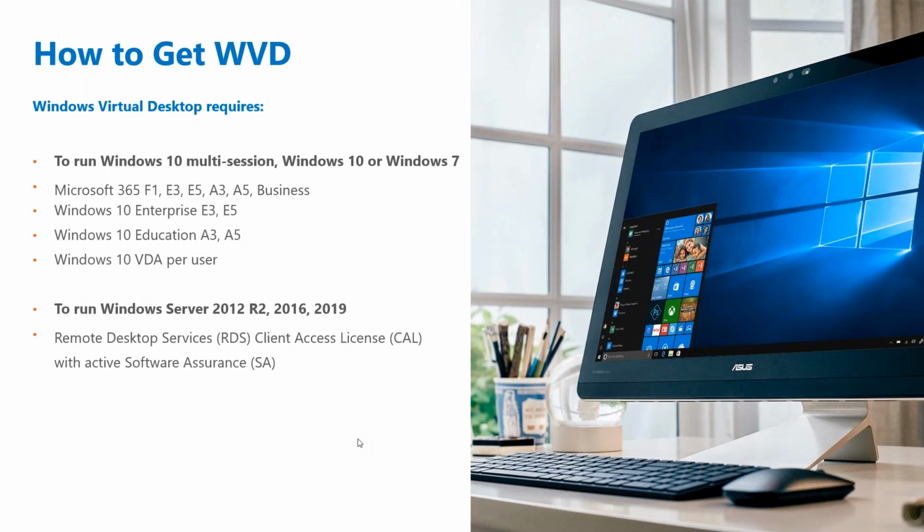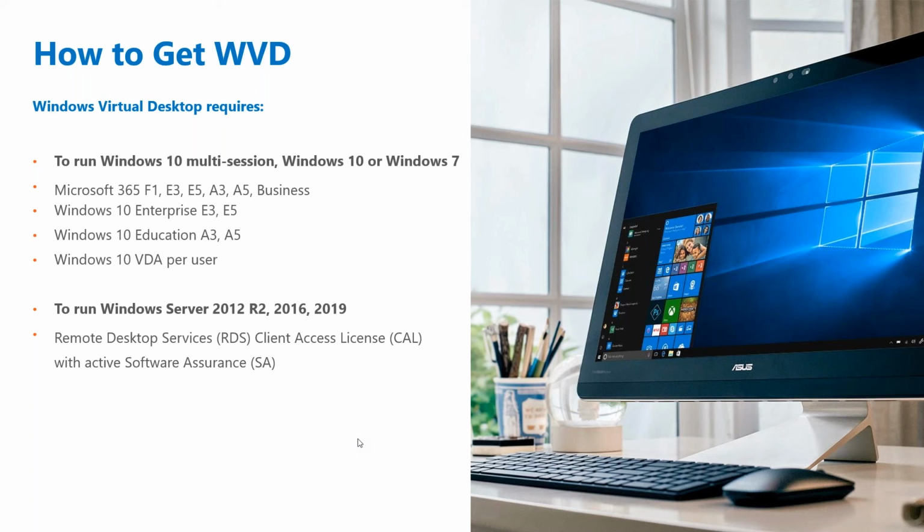So the other nice thing is, it's free. If you have an F1 license, Microsoft E3, E5, or the academic licenses or an equivalent, if you have Windows 10 Enterprise E3 and E5, you can launch this on that license.